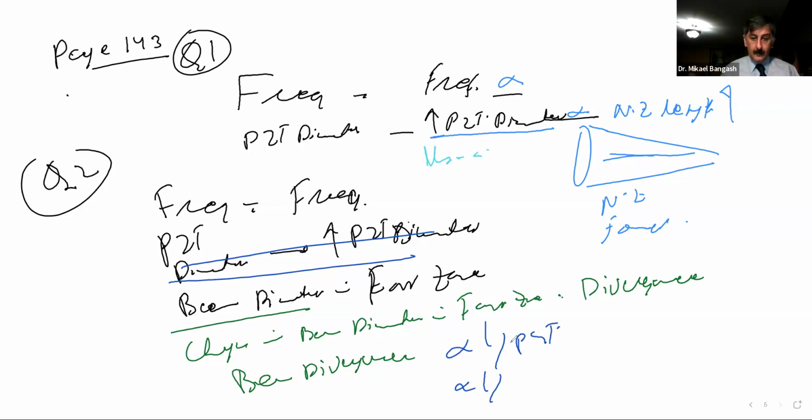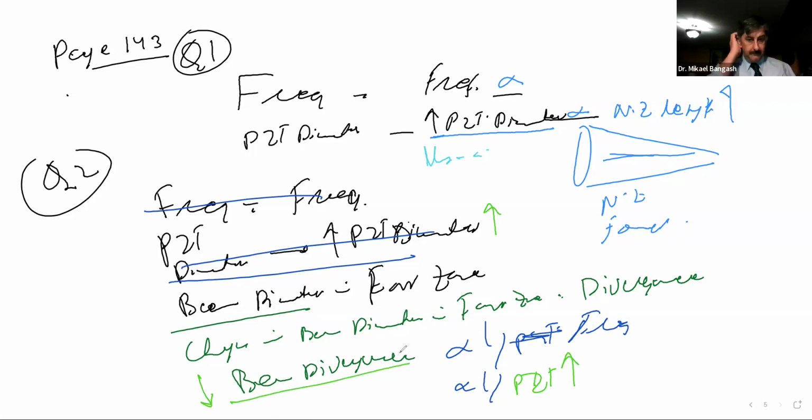Sorry, the frequency stays the same. But the PZT diameter increases. That's going to mean that there will be a lesser beam divergence in the far zone.